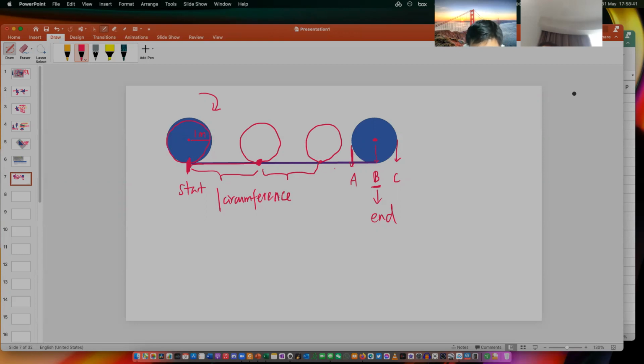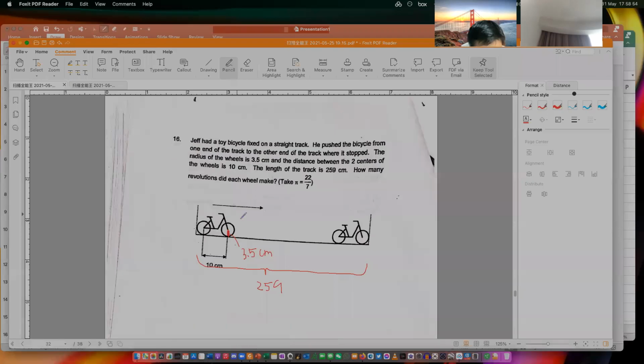Okay, so if you apply this concept to this question, what you need to do is bring this back to back. Okay, so this is another 10.